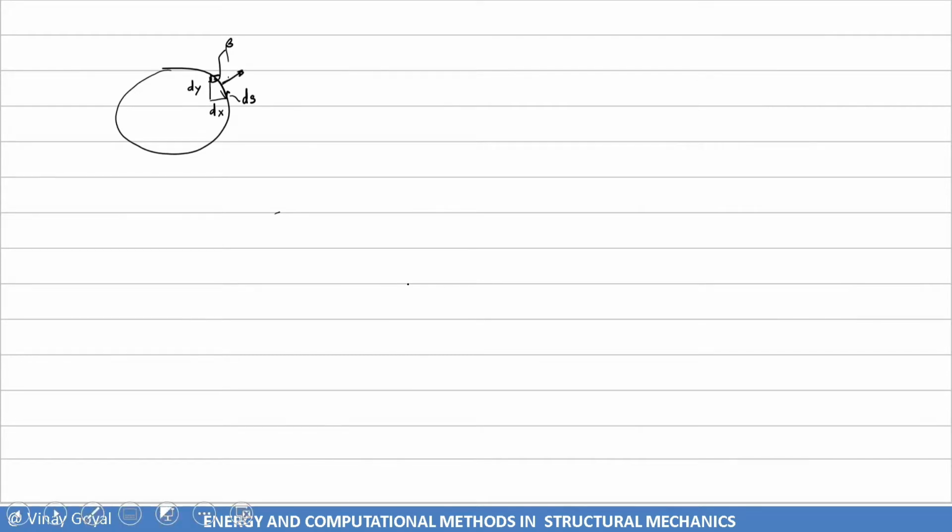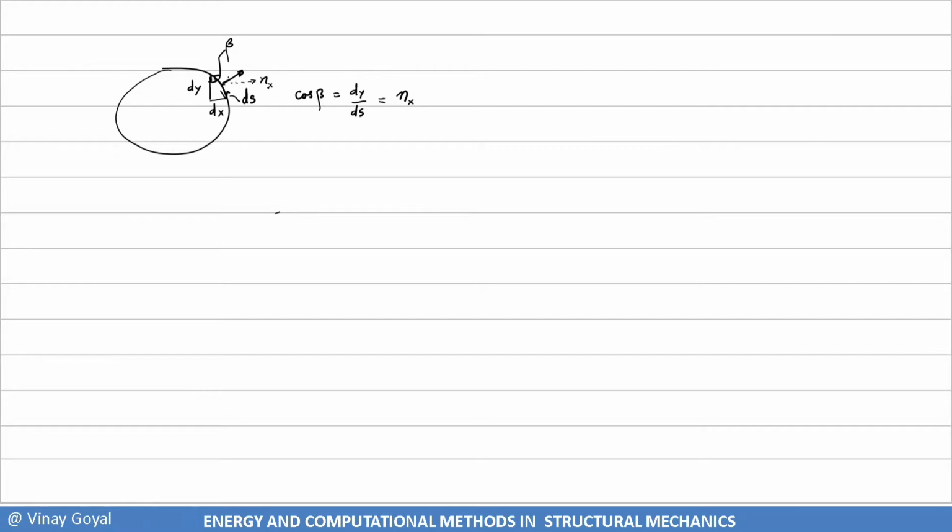You can quickly see here that the cosine of beta is dy/ds, which is really the normal nx. Okay, so that's this here, nx.